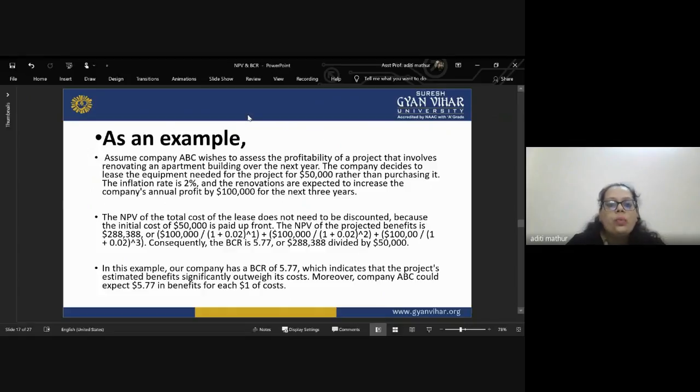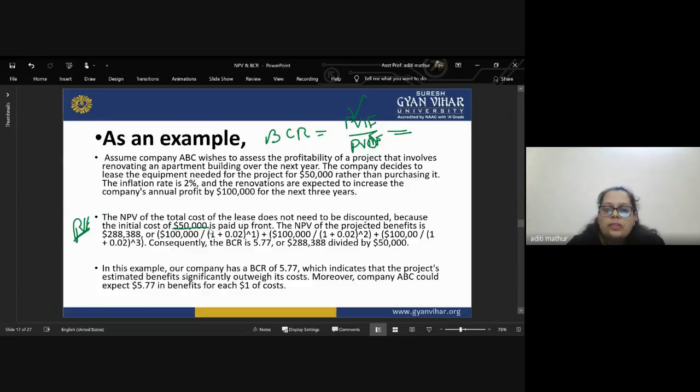First, let us write what we need to calculate. So we are calculating the BCR ratio: present value of cash inflows divided by present value of outflow. So first let us calculate the present value of cash inflow. How to do that? You will multiply by the present value index factor PVF and get the present values.